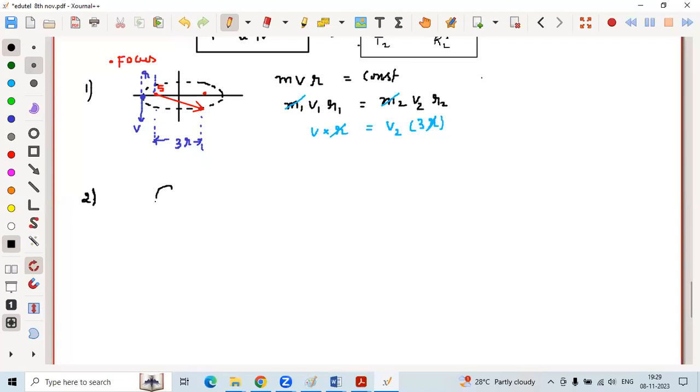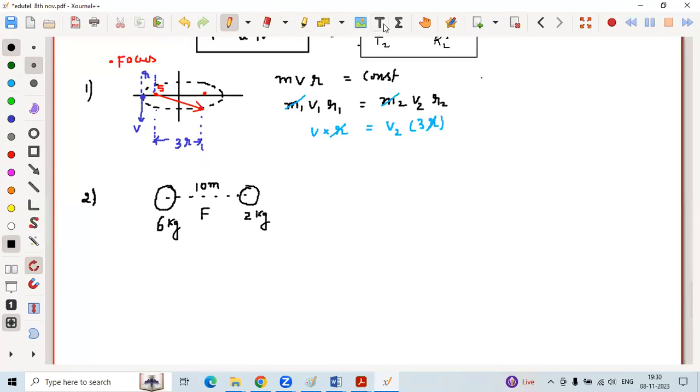See, there are two masses. One mass is this, let us say 6 kg. Another mass I place at a distance of 10 meters, center to center distance 10 meters, let us say 2 kg. Now the force of attraction between 6 kg and 2 kg is F. Now what I am doing?